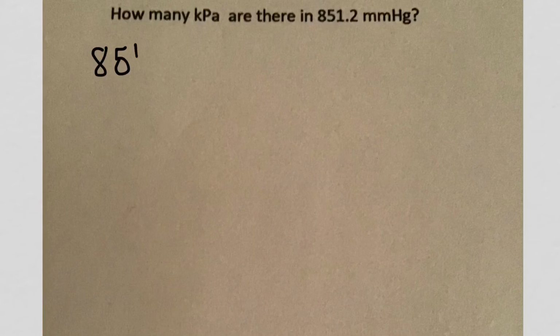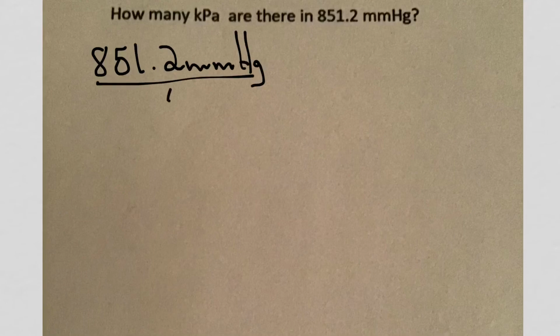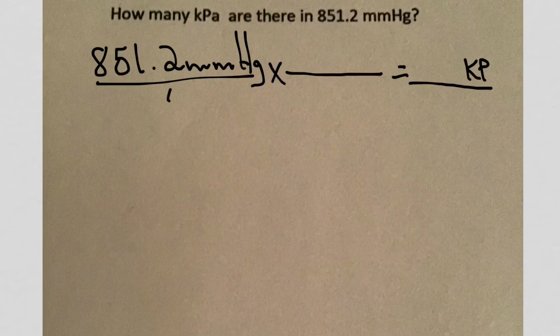We have 851.2 millimeters of mercury, and you need to solve these using factor label. The nice part is you can always turn them into one-step problems. And we're trying to get to kPa. So what label goes on the bottom? mmHg. What label goes on the top? kPa.